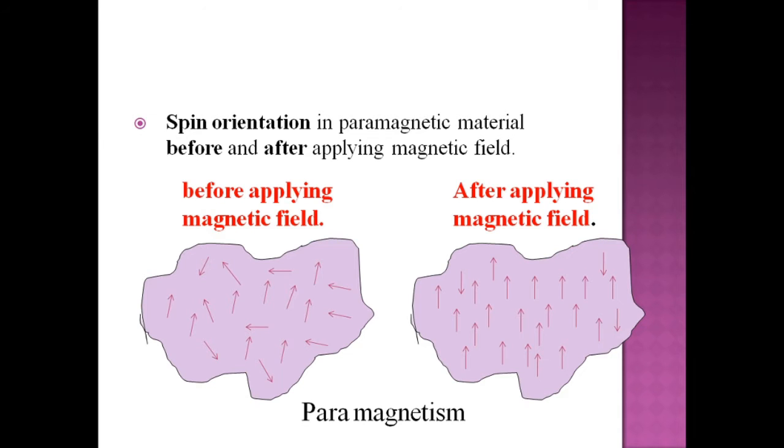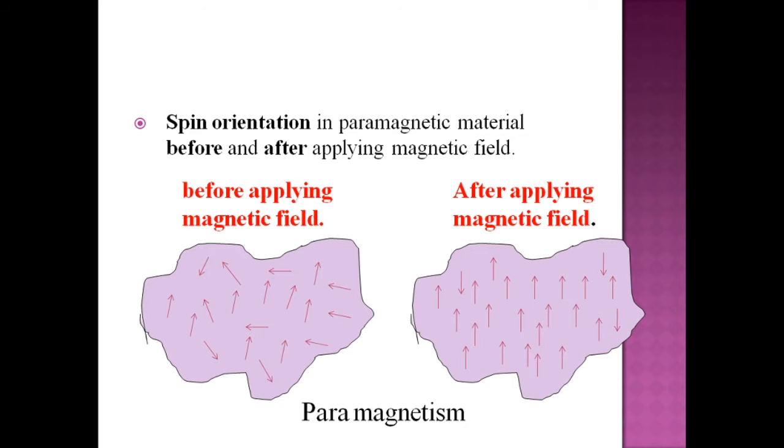At a normal temperature and moderate field, the magnetic susceptibility is small, but larger than the diamagnetic contribution. Always remember, it is larger than the diamagnetic contribution unless the temperature is very low or the field is very high.